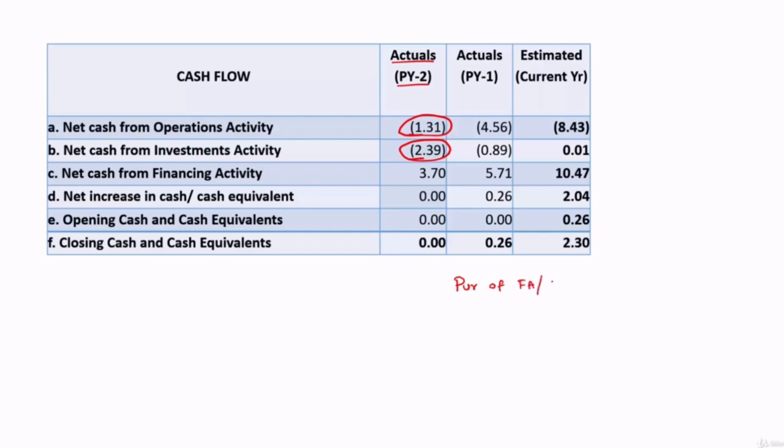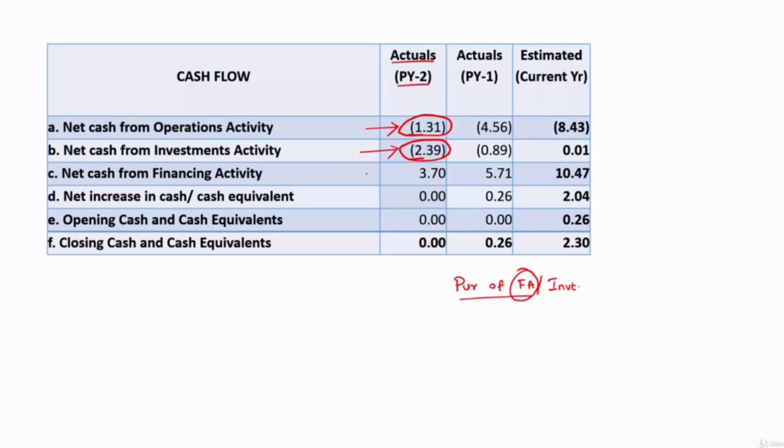It can also be making some investments in group concerns. So you should not conclude that this negative figure under investment activity is only for purchase of fixed assets. When this figure is very big, you have to go behind this, you have to look into the schedules. So here also there is an outflow, here also there is an outflow.